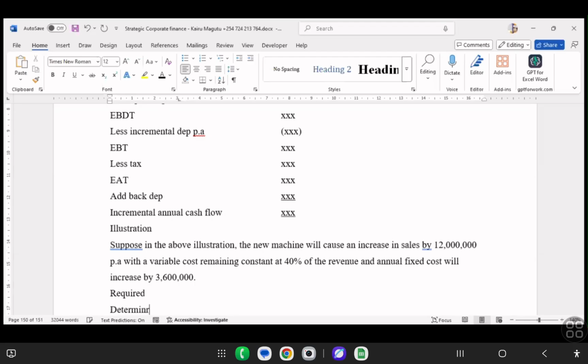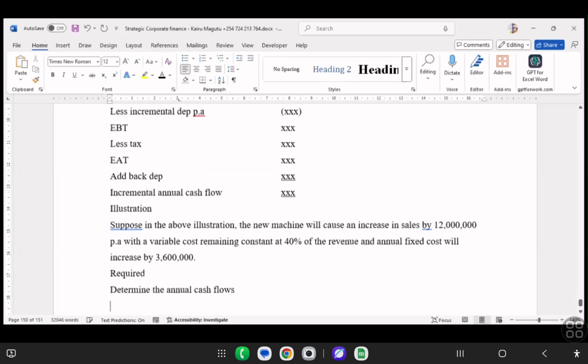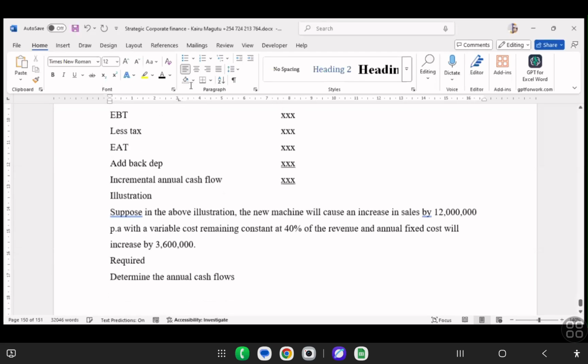Determine the annual cash flows. Let us look at this illustration. We try to work on it together. Number one, we are given revenue. The revenue will increase by 12 million per annum.